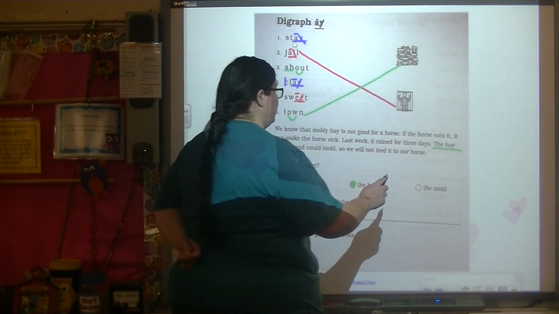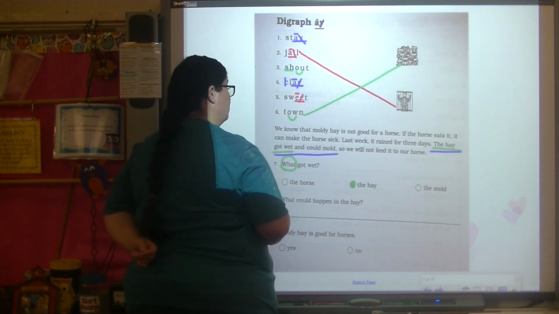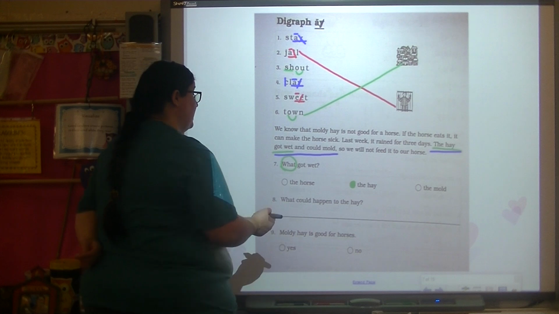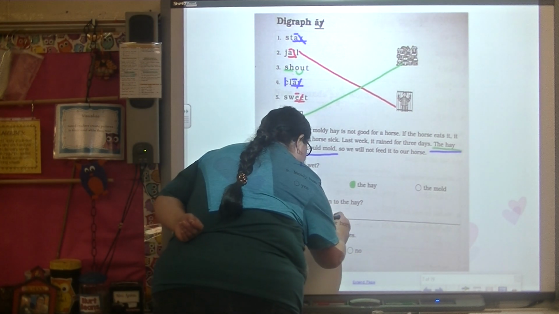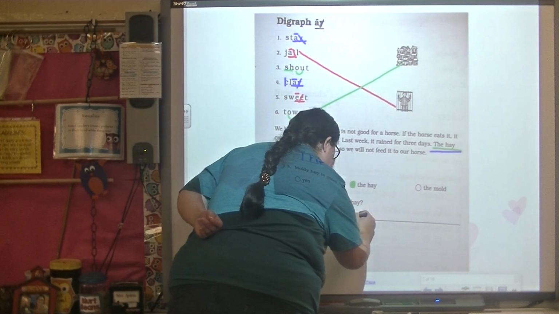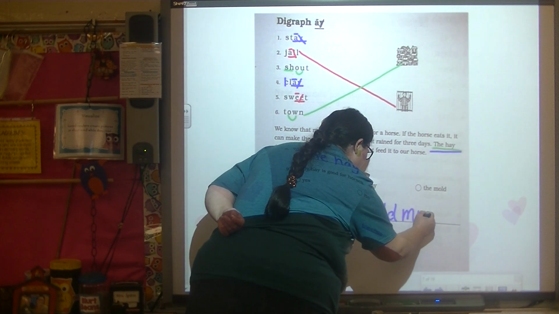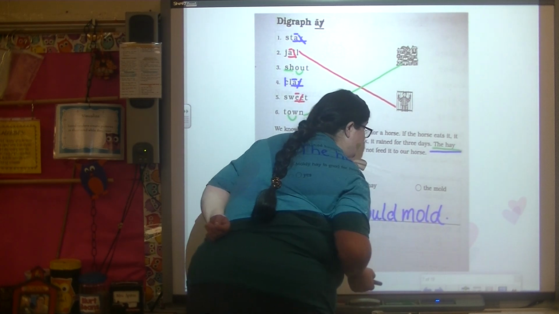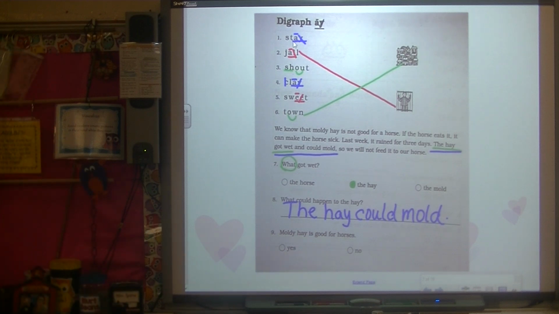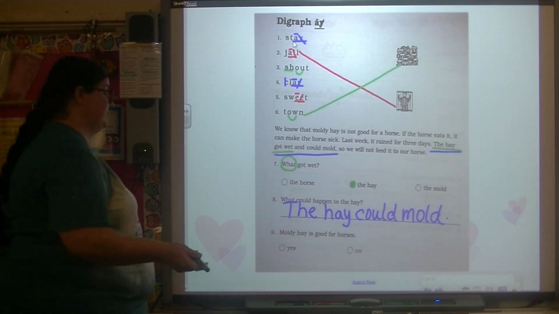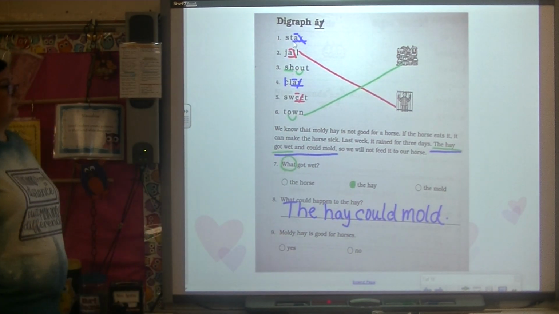It says the hay got wet and could mold. So what could happen? The hay could mold. It could mold because it got wet. That's the problem. Write your answer. I'll give you a minute for you to write yours.